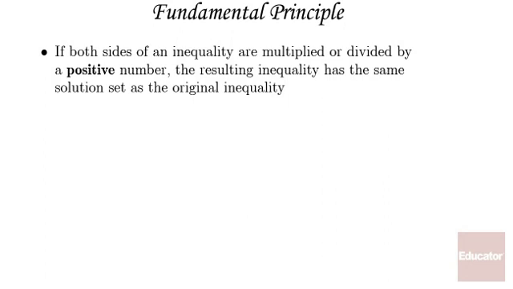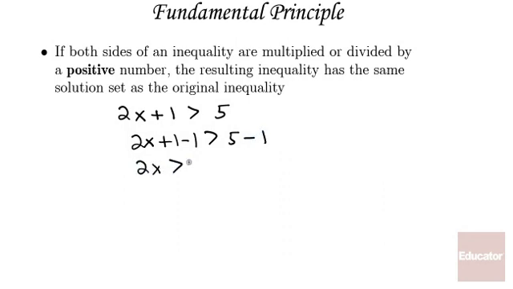So if I had some inequality such as 2x plus 1 is greater than 5, and I decided that I wanted to isolate the x, then I would go about it like usual. I would use the subtraction principle, and I would subtract 1 from both sides, and that would give me 2x is greater than 4. But to actually isolate this x, I'm going to need to divide, and I am allowed to do that.